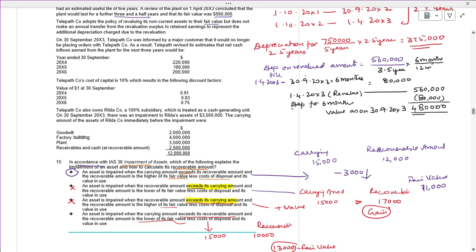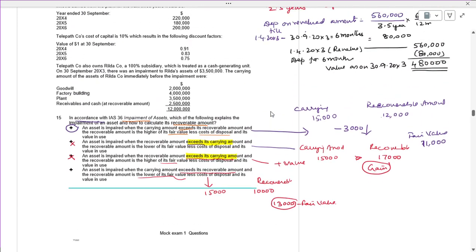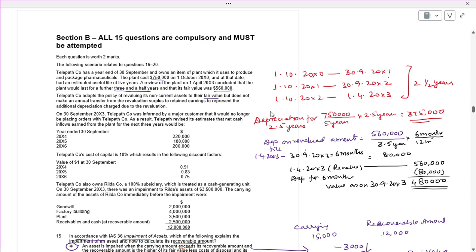Is it okay? One question, doctor. Can you show me the line where they requested to calculate till 30th September for 6 months in the question? They said that when they have done the review, it was on 1st April.